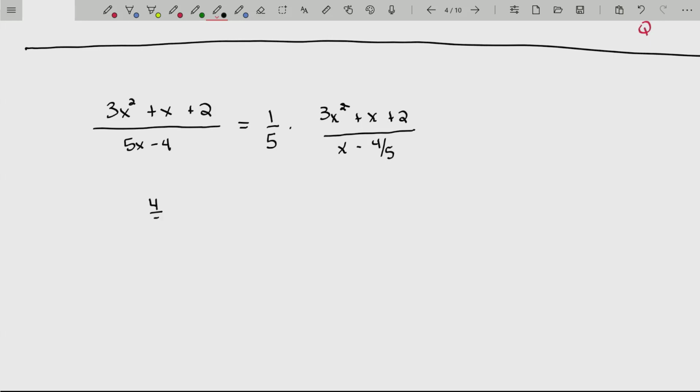So I have 4 over 5. And my coefficients, 3, 1, and 2. So it can't be too bad, right? Bring down the 3. 3 times 4/5 is, what is that, 12/5? 12/5 plus 5/5 is 17/5. 17/5 times 4/5. And I can make a terrible problem out of any given problem.